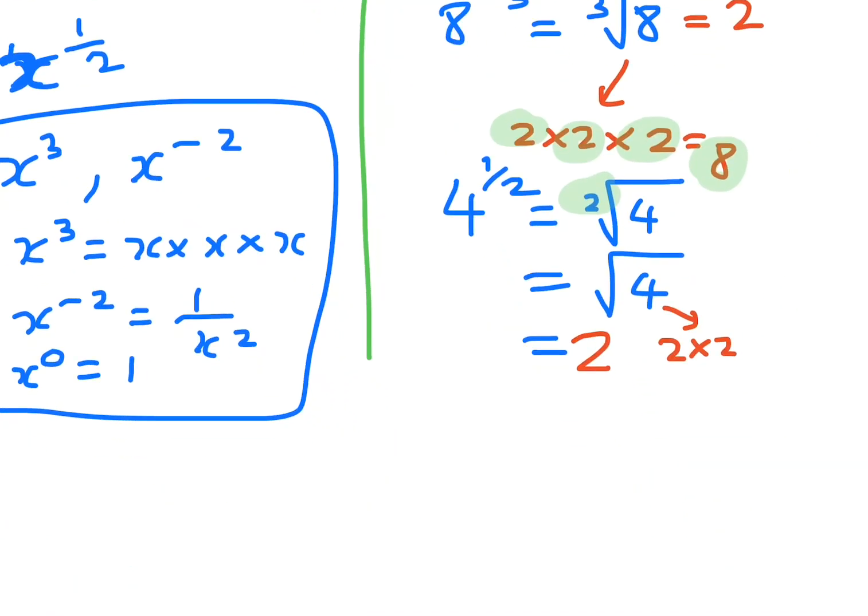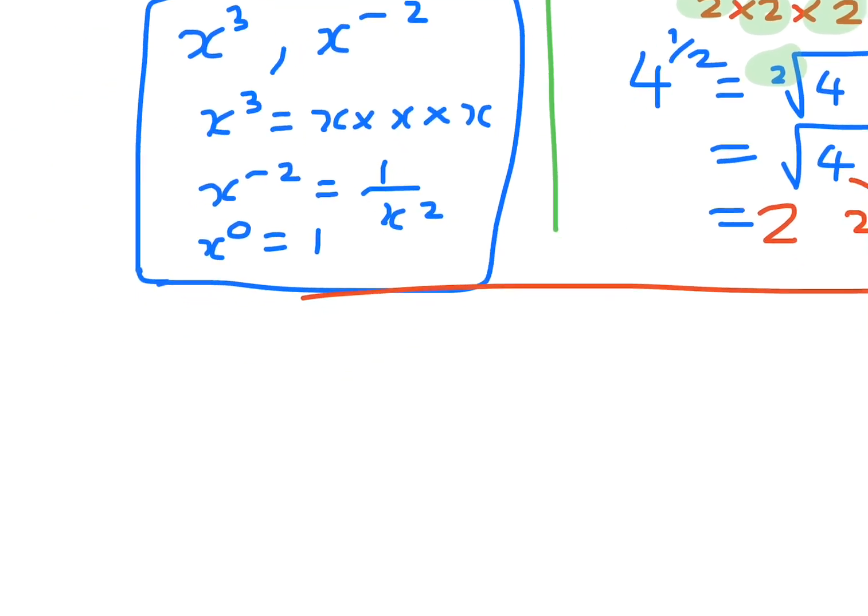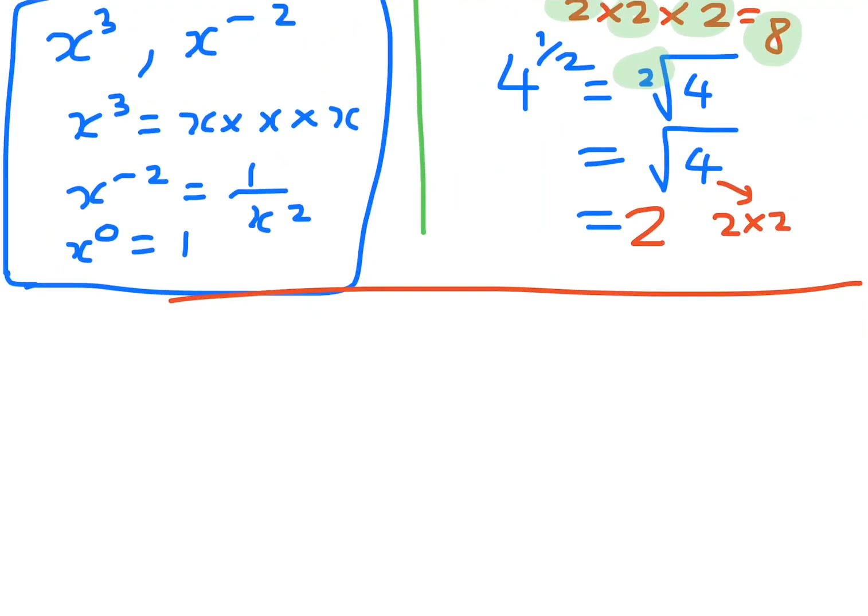Okay, so now I'm just going to show you why that works. We'll start off and do it for the square root. The first thing I want you to realise is that if I did x times x, that will equal x squared.